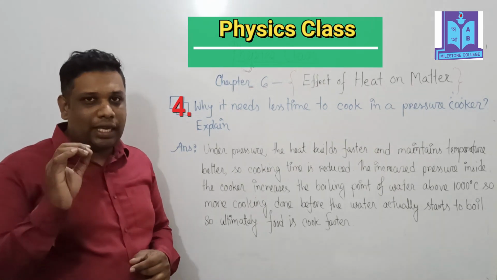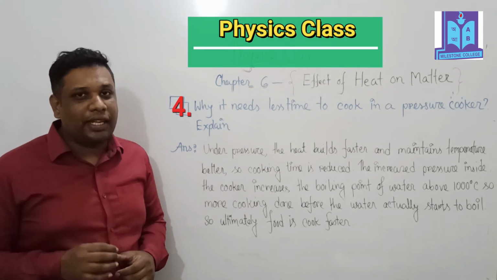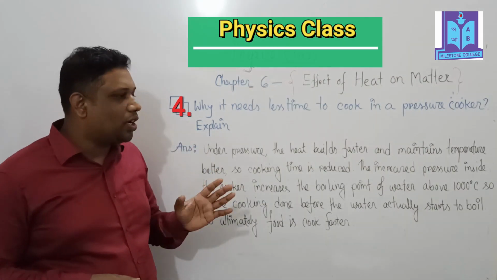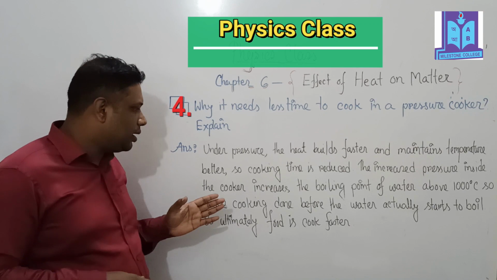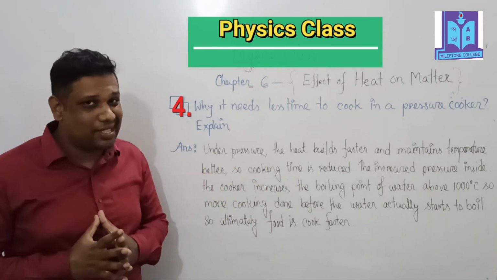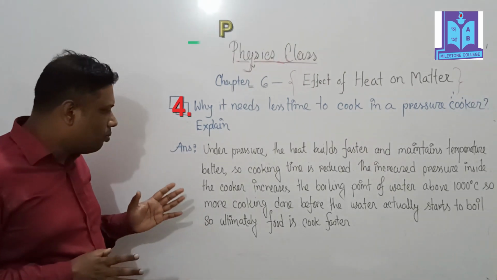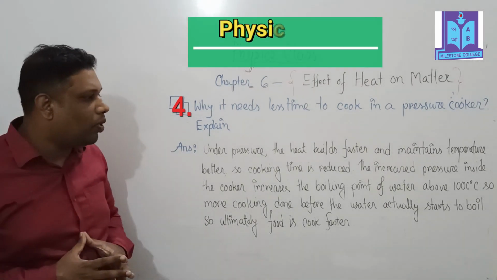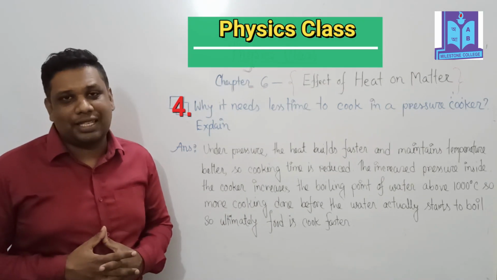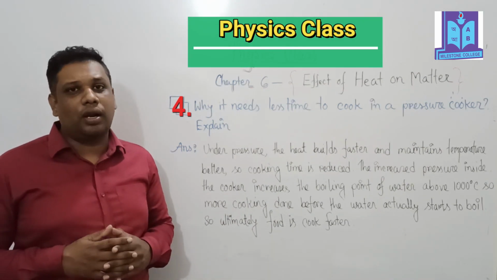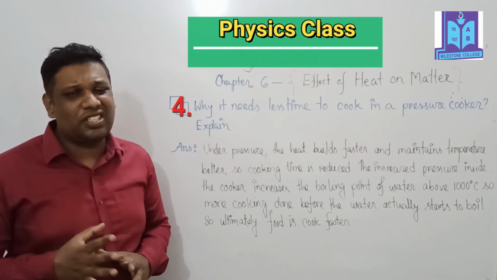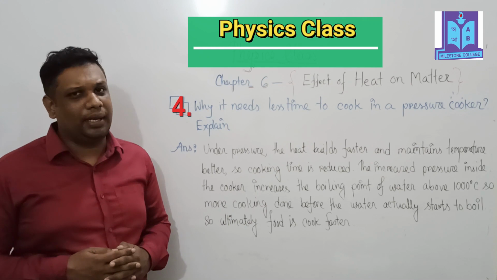So you have to be careful when you are writing this answer in your copy. The increased pressure inside the cooker increases the boiling point of the water above 100 degrees Celsius. So more cooking is done before the water actually starts to boil. We know, my dear students, during our cooking the necessary temperature is less than 150 degrees.